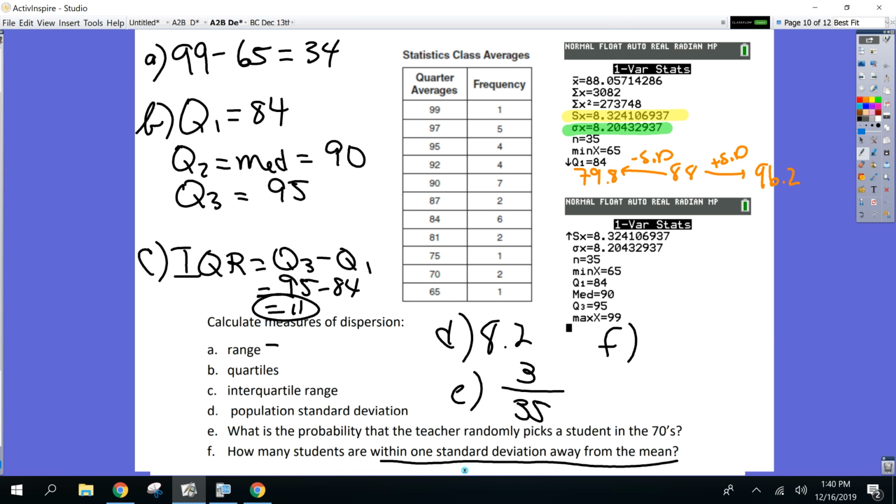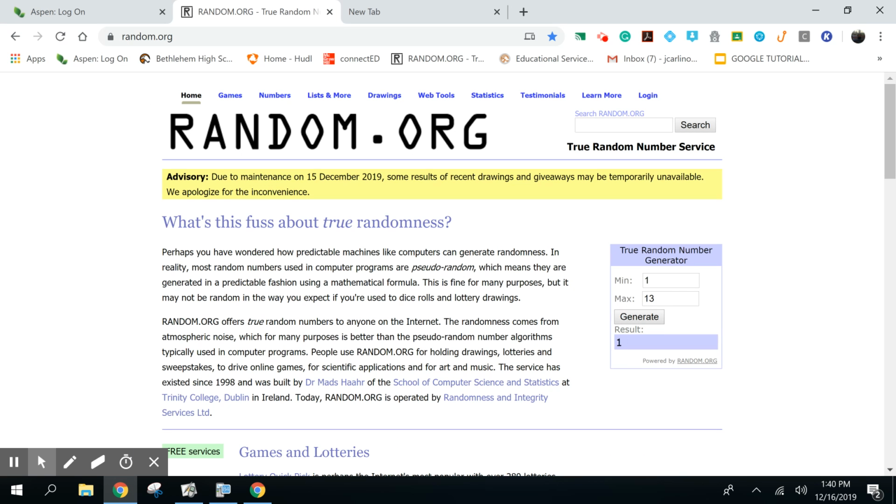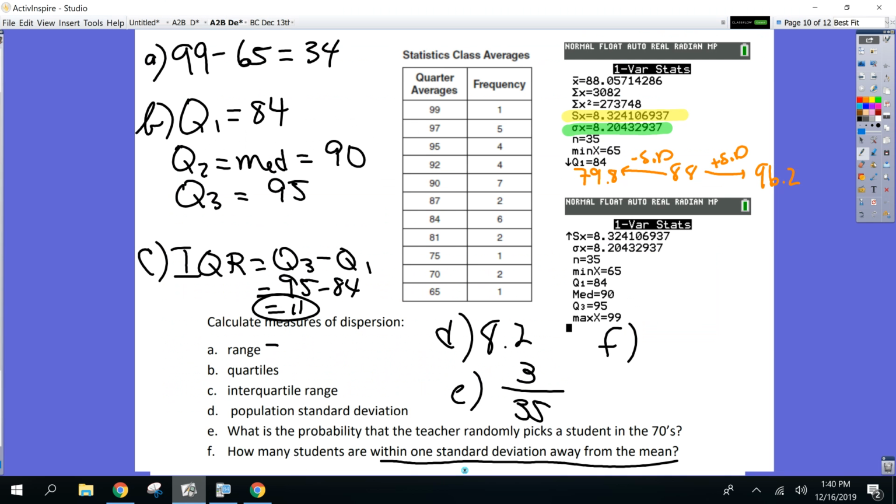Keep adding if you're adding. How many scores are there? 95. That's 4. 4. 7. 2. 16. 2. I think that's all of them. Might be 25. 25 scores, yep.